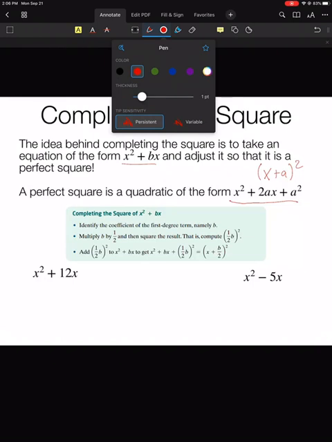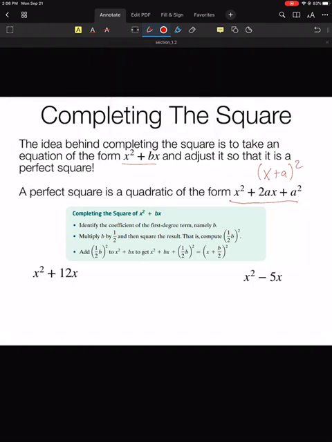That's going to be beneficial for us eventually when we get to solving quadratic equations, because this is a nice form where we can use the square root method to solve our equation. But first we need to know what completing the square is.